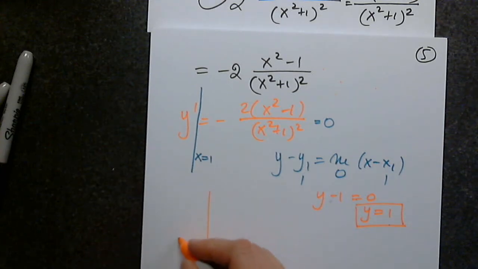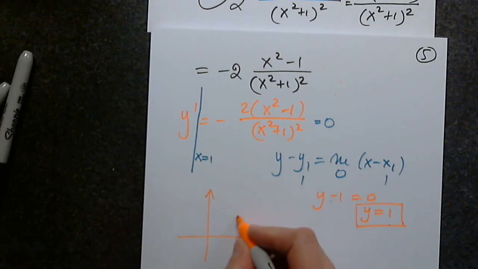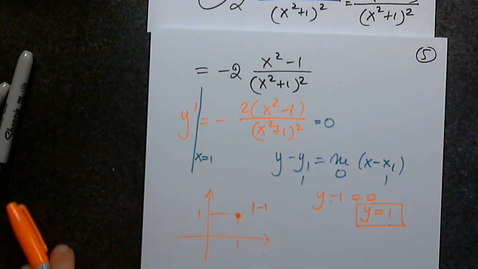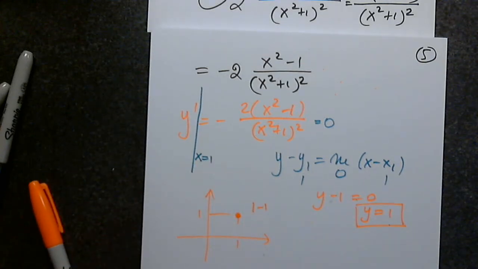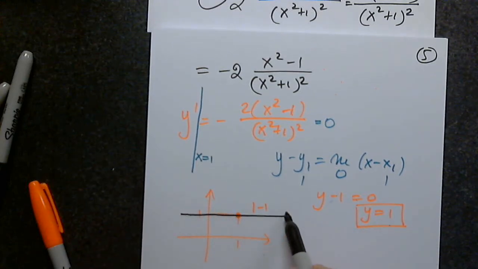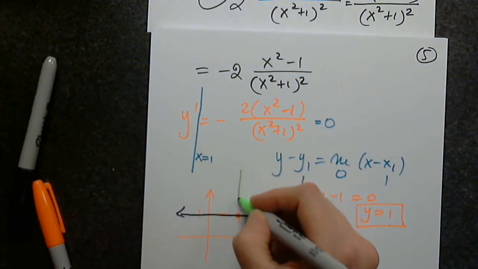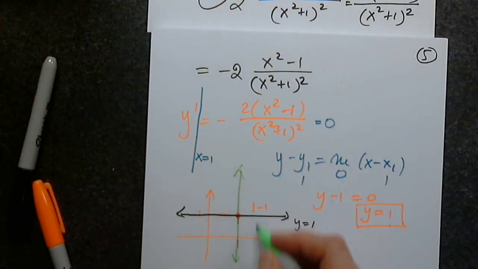So this is the point 1, comma 1. If the tangent line to the graph of this function, I didn't graph the function, is y equals 1, can anyone give us the equation of the normal line? Right.